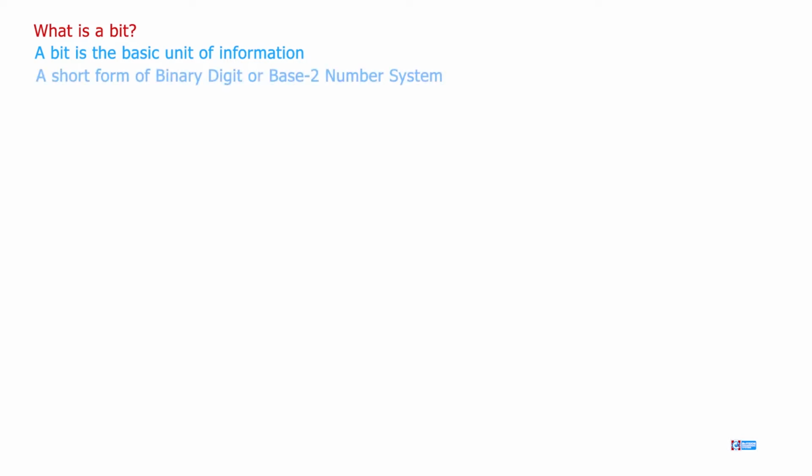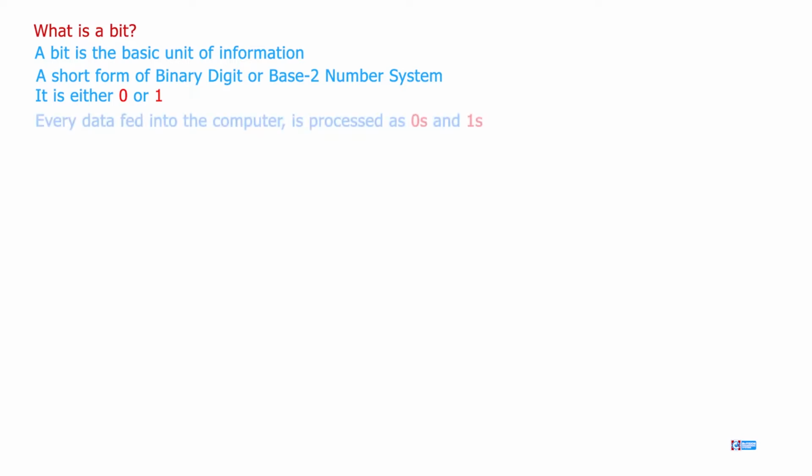Now, let's go on to today's lesson. What is a bit? As said already in previous videos, a bit is the basic unit of information. Bit is the short form of binary digit, or the base 2 number system. A bit is either 0 or 1, and this is called the smallest unit of information in the computer.